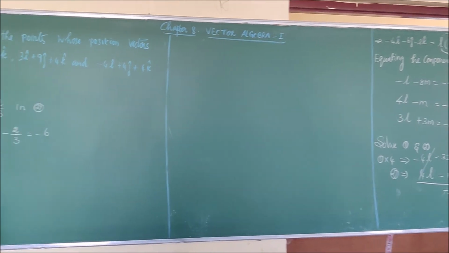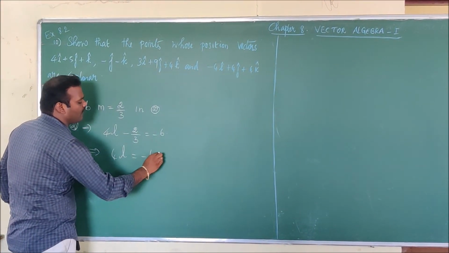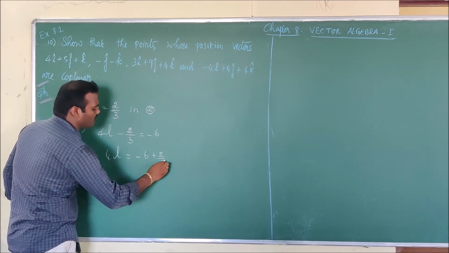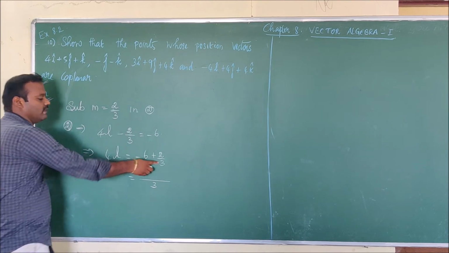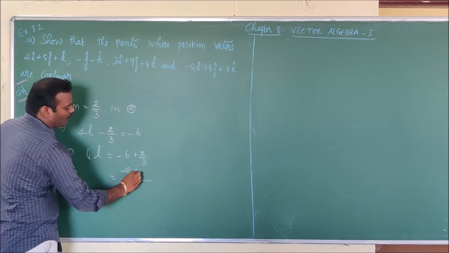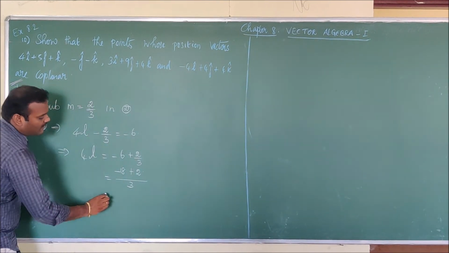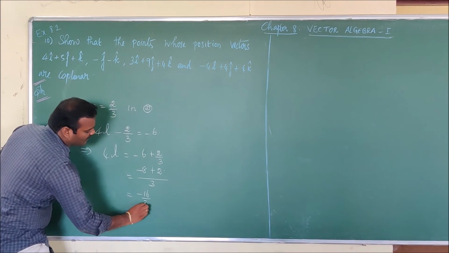That is the second equation. So which implies that 4L is equal to minus 6 plus 2 by 3. Now I am going to take the common LCM as 3. When this 3 is multiplied with the minus 6, it means minus 18, then plus 2. So minus 18 plus 2, which is equal to minus 16 divided by 3.